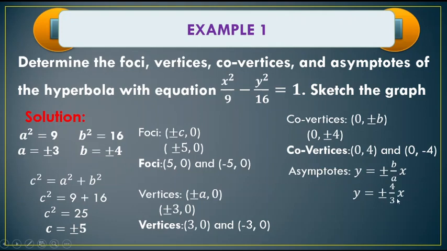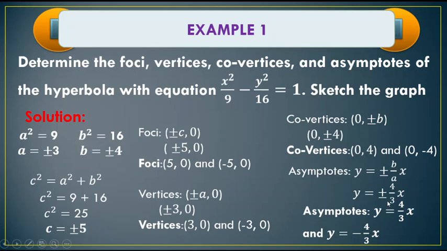So, copy lang, times x. So, the equation now is y is equal to 4/3 x, and y is equal to negative 4/3 x. So, ganun lang yung pagkuha natin ng ating, o pag-solve ng example number 1 natin, hinahanap si foci, si vertices, and co-vertices and asymptote ng hyperbola natin.